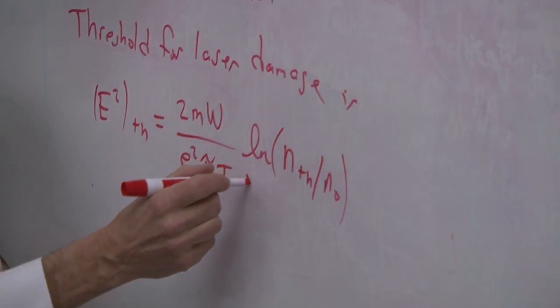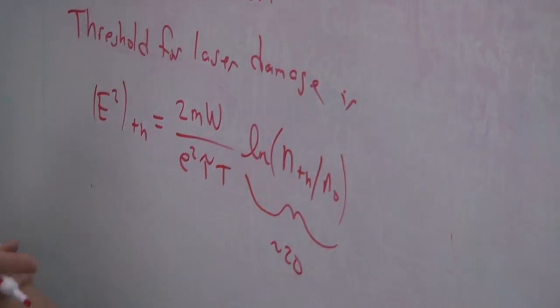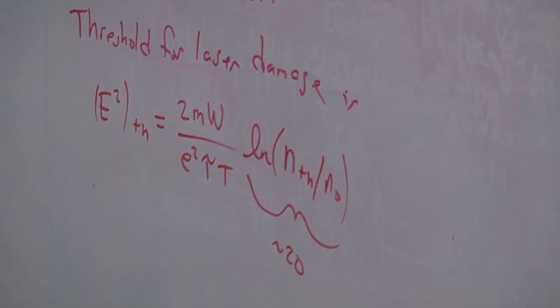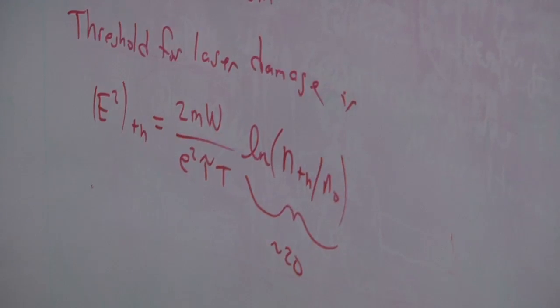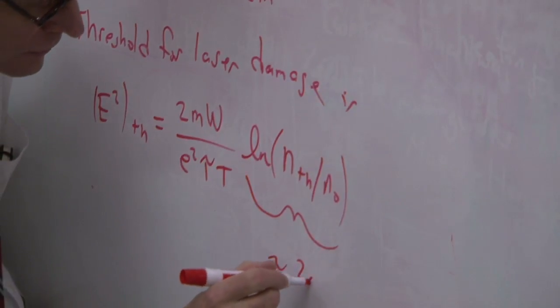And so people who do this for a living think that maybe this is about 20 or so. So once the number of free electrons grows by e to the 20th, that's when severe damage is going to occur, of the order of 20.